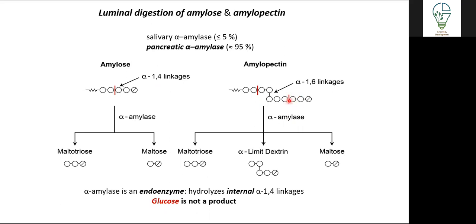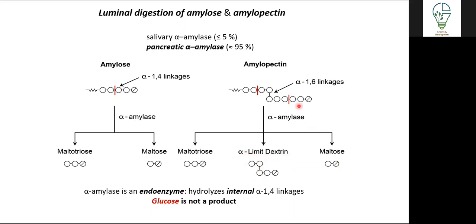Once it broke down this, and then this from this side, you will be left with this Tetris shape thingy, which has alpha 1,4 linkages, 1,4, 1,4, and this is a 1,6 linkage. Because it has both alpha 1,4 and alpha 1,6, we call it a limit dextrin.